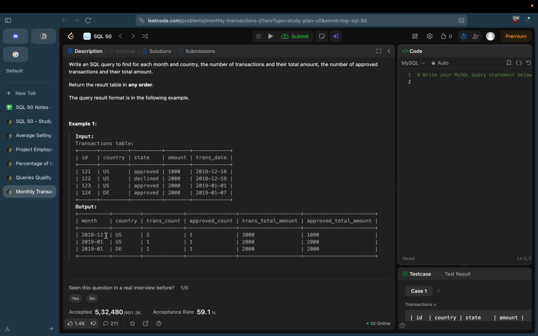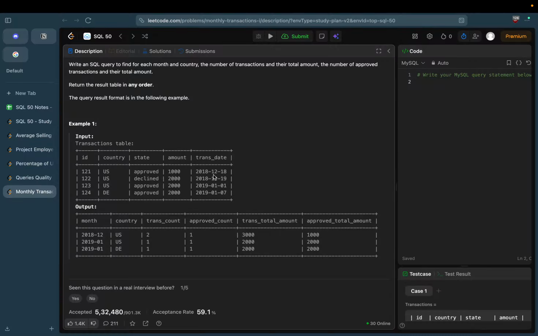So for the month of December 2018, which is coming from here, for the country US, the country is US over here. So December 2018 considers both of these rows, the first and the second row for US, and as we can see, the transaction count is coming as 2, as both of these dates lie in December.